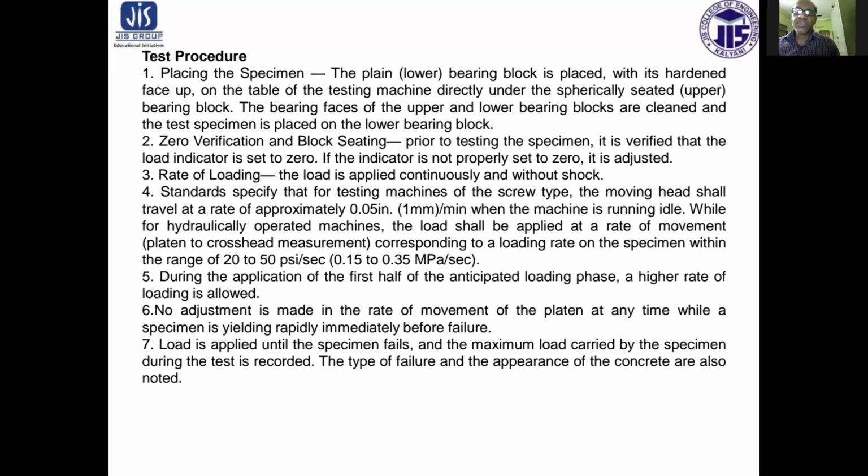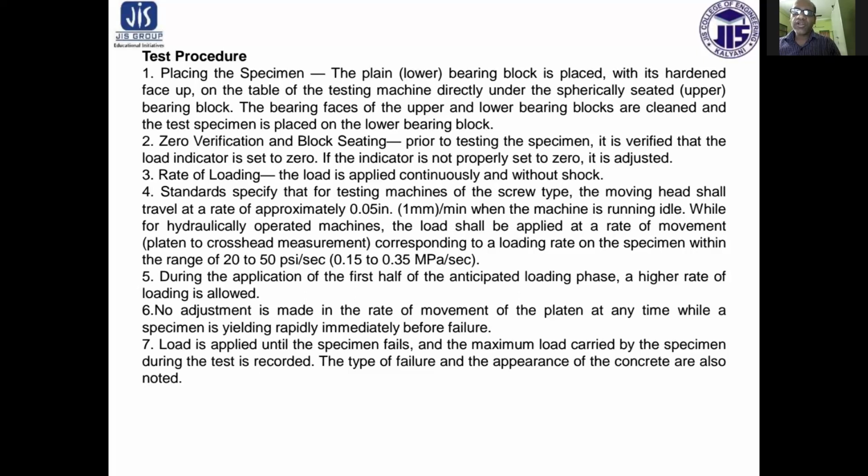Number 3, rate of loading. The load is applied continuously and without shock. Number 4, the standard specifies that for testing machines of the screw type, the moving head shall travel at a rate of approximately 0.05 inch, that is 1 millimeter per minute, when the machine is running idle.